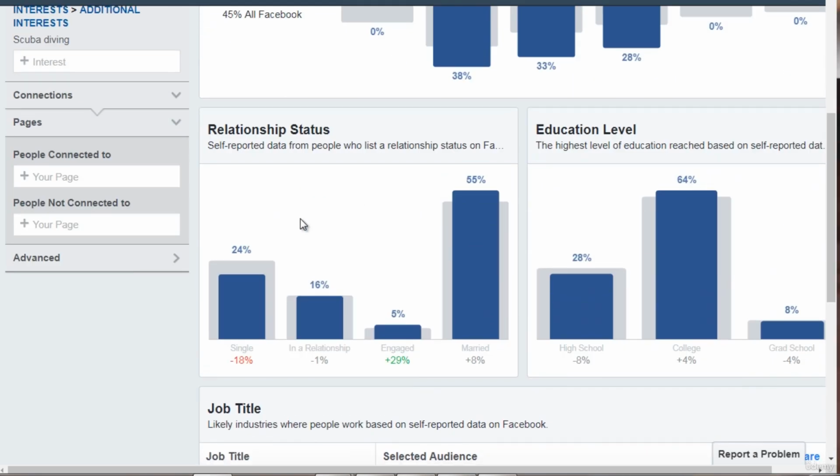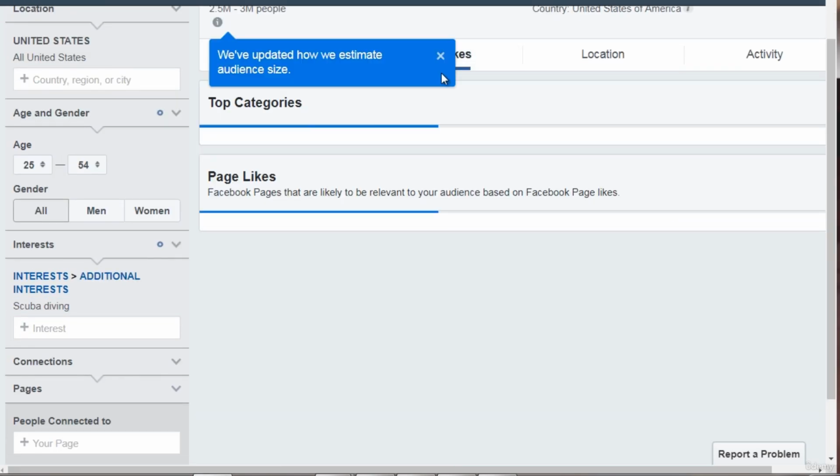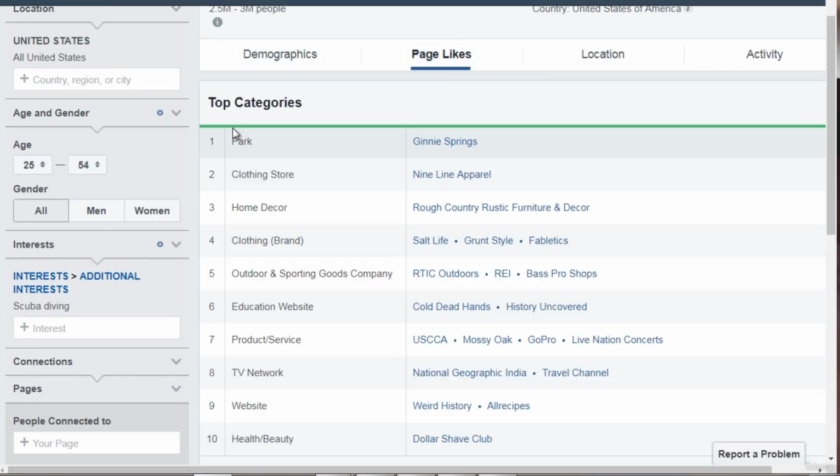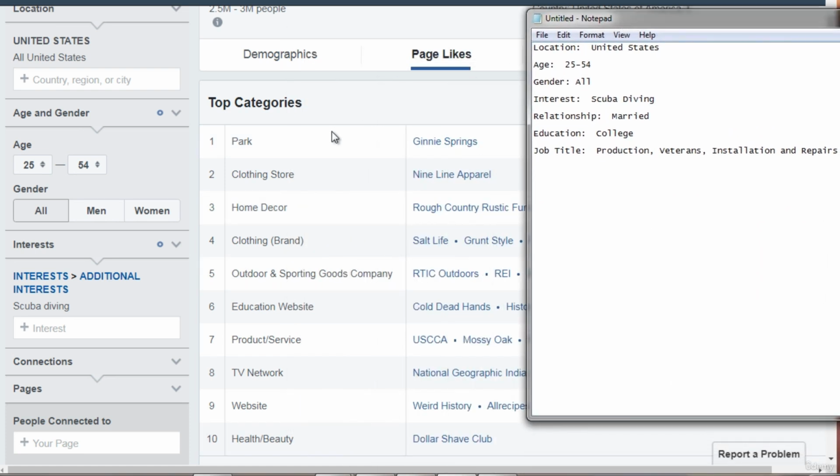So let's scroll back to the top. And we'll go to page likes. And let's jot this down. So we've got clothing store. They like the 9-line apparel. And then they got Ray. They like Bass Pro Shops, which is not a clothing store, but it's a store.